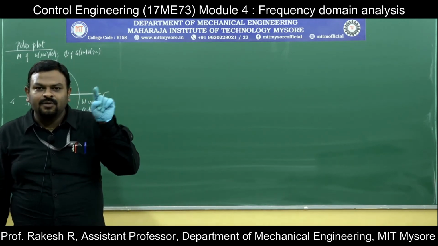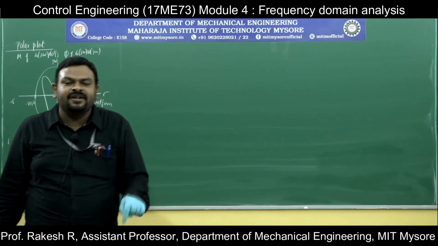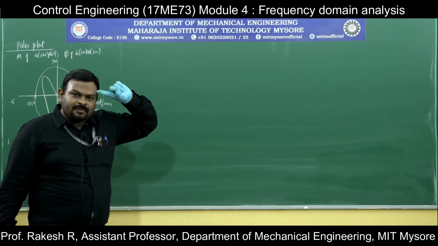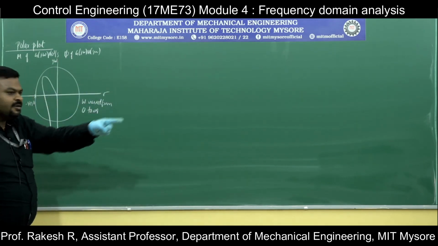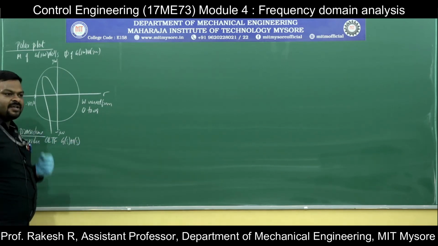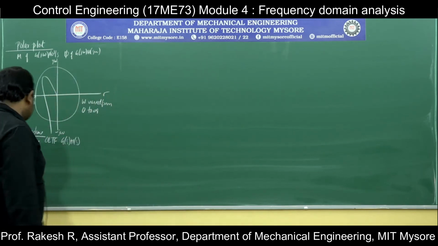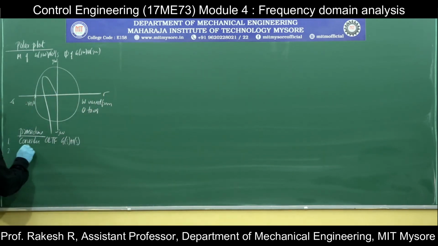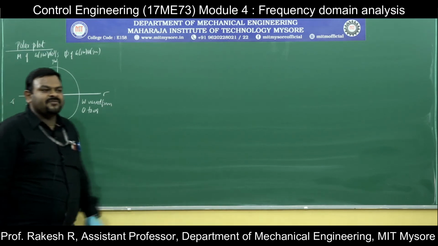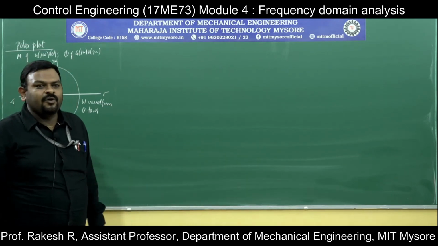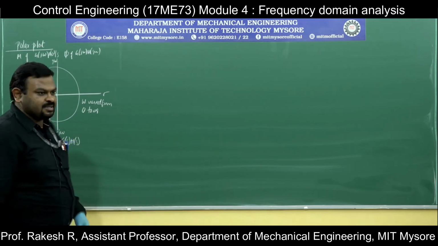If you see a closed loop transfer function or characteristic equation, substitute and finally get the open loop transfer function, then solve. After that, replace s with j omega. J omega is the polar coordinate.